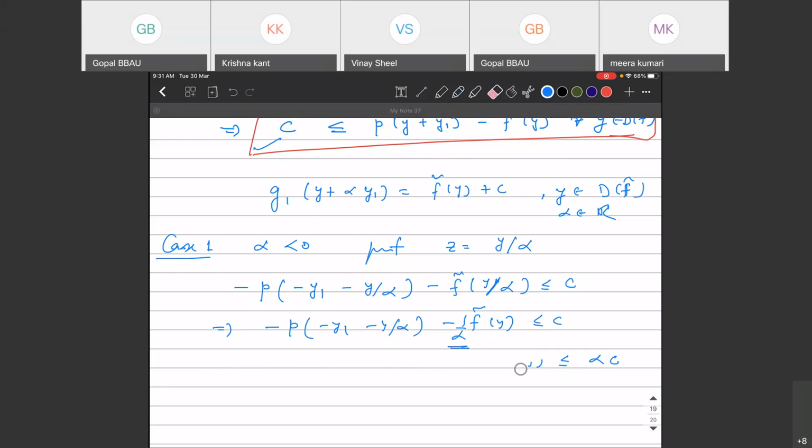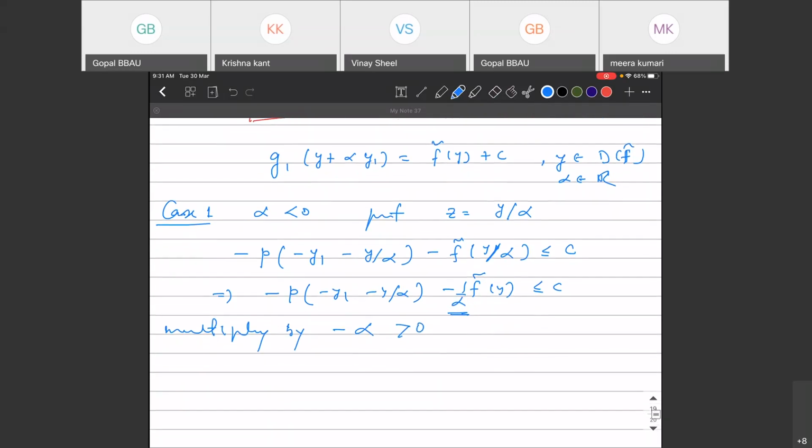We just multiply by minus alpha. Now, since alpha is less than 0, minus alpha is greater than 0. So multiply this inequality by minus alpha, you will get minus y by alpha. Now minus alpha upon alpha is 1, less than or equal to minus alpha c.